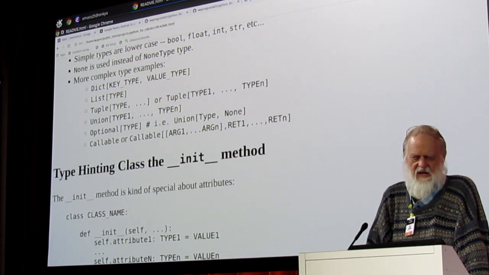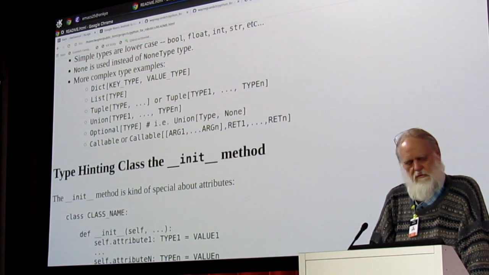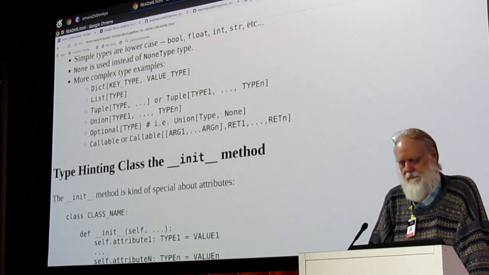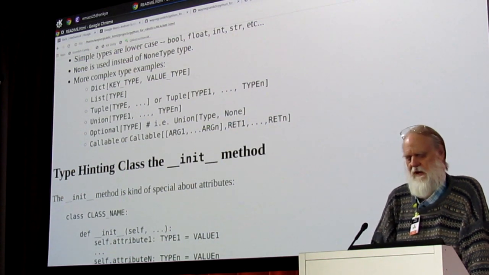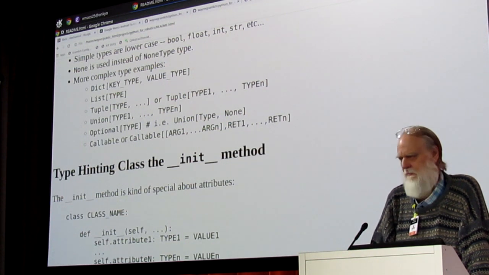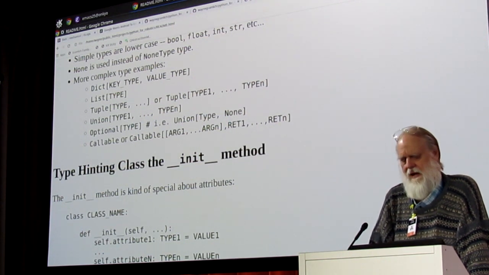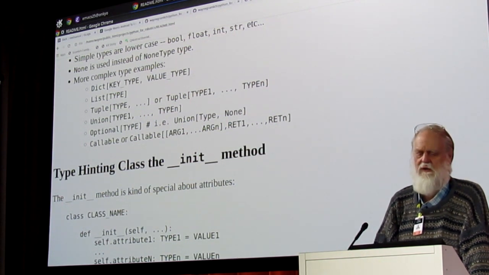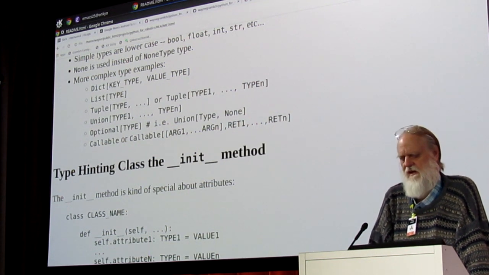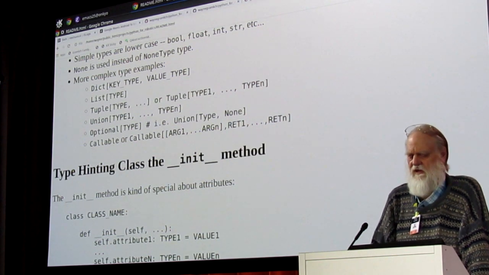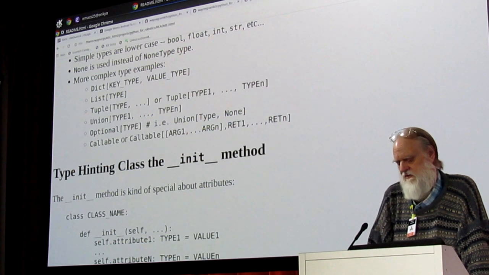And then the syntax for Callable is not clean at all. You have to put your arguments in square brackets, and I'm not being complete here because I'm not talking about keyword arguments or any of that stuff. And you have to put your returns not in square brackets, but as a comma separated list.